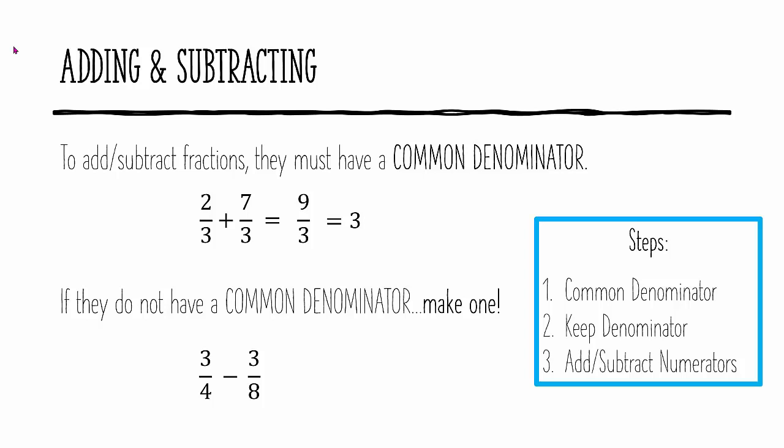So how do we make them into the same denominator? Well, it's going to involve some multiplying. I'm going to make some space here. We're allowed to take those fractions and multiply them by 1, because multiplying by 1 doesn't really change the value of things. It's just that we get to choose what that 1 looks like. So in this case, I could take the 4 and turn it into an 8.